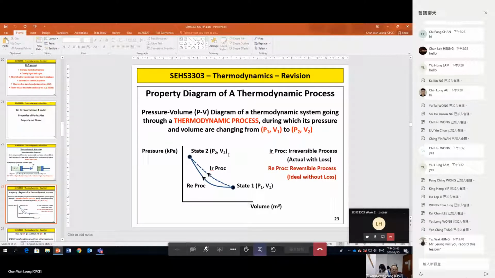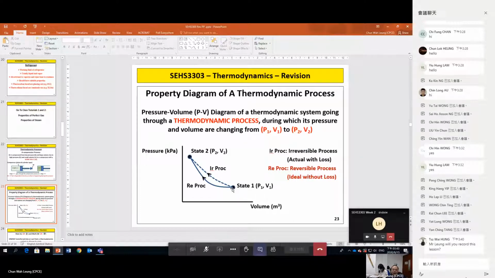Now, if we are changing from point 1 to point 2, how the change in between is carried out is known as the process. I can show the process by a line.